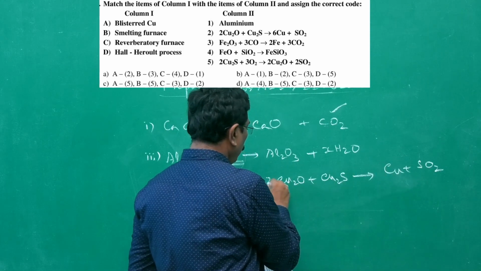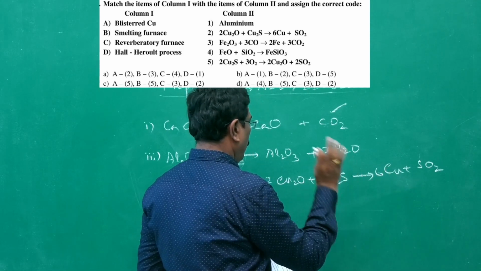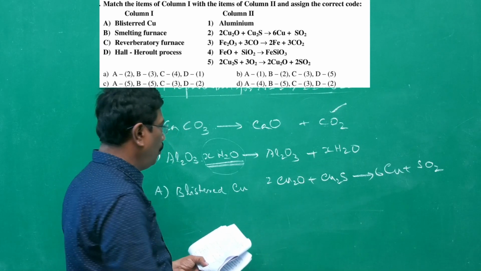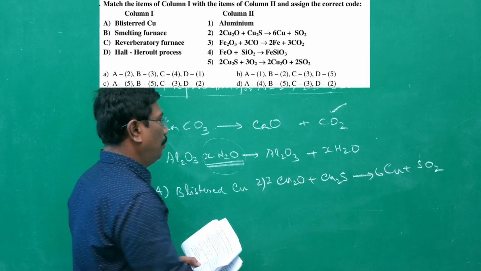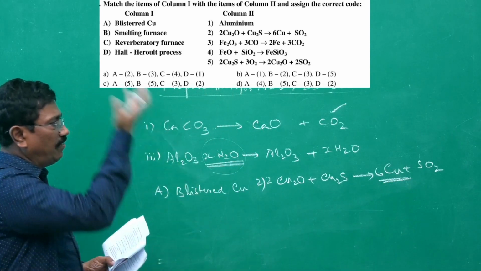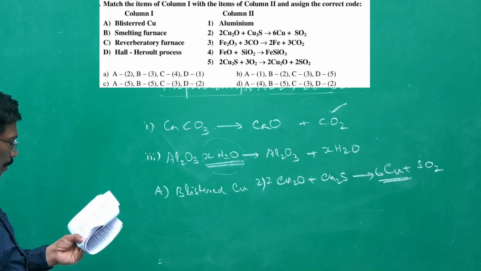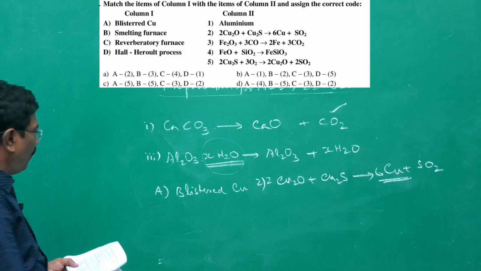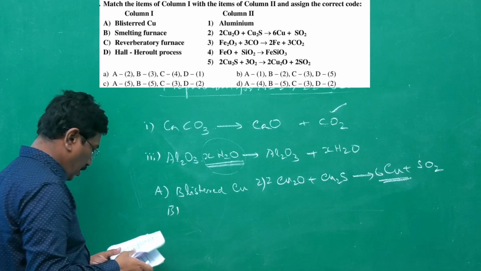That's the balanced equation we have seen, and this is said to be blistered copper. The copper obtained is blistered copper because in the molten condition, when sulfur dioxide goes out, it gives a blister type appearance over the copper. And then smelting furnace.